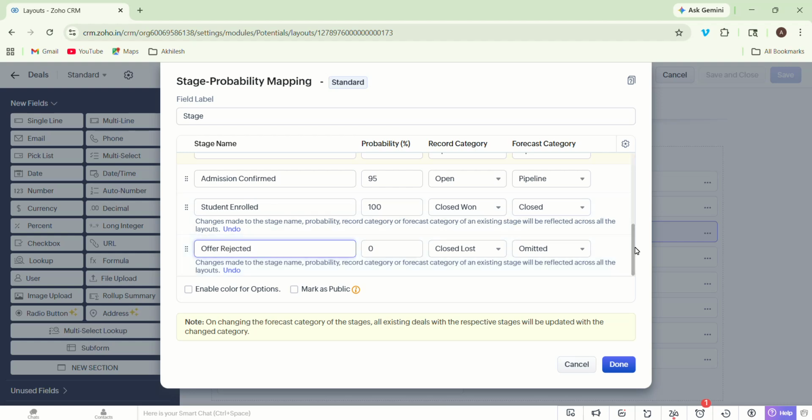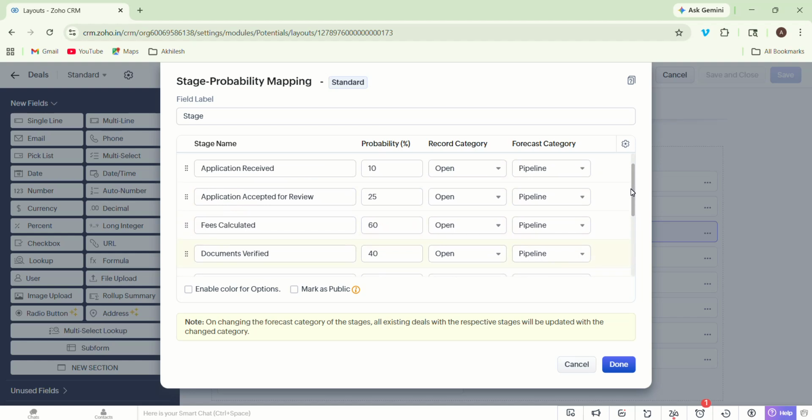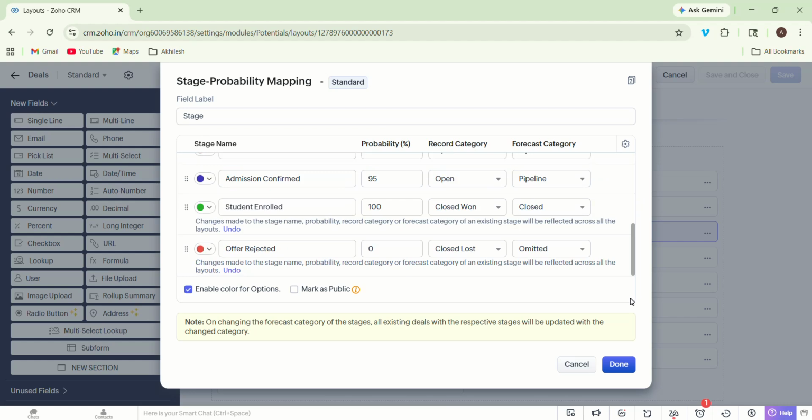Okay, now if you have to change the stages, you basically have to just take it up and understand if it's in the right place. You can also enable color coding options here. Okay, so that's what it is.